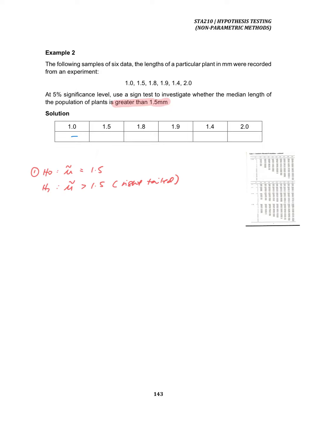Okay, so this one kita akan exclude from the computation because it was equivalent to the hypothesis value. Okay, for 1.8 minus 1.5 we will get positive value, this one positive value, this one negative value. So meaning that our minus sign we have 2, plus sign we have 3.